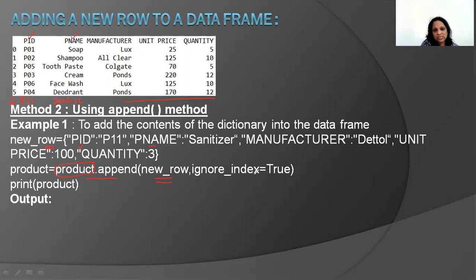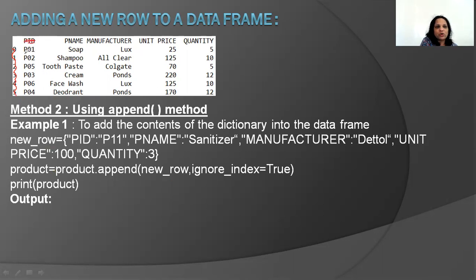Okay, now what is this ignore_index equal to True? This is a must. This parameter is required if you're adding a dictionary to a data frame. Why? To understand that, let me just explain something. Suppose your data frame did not have a positional index, and it had a named index.